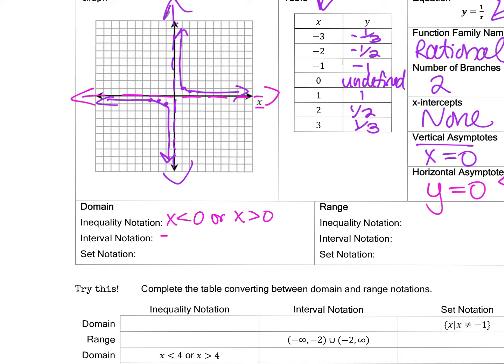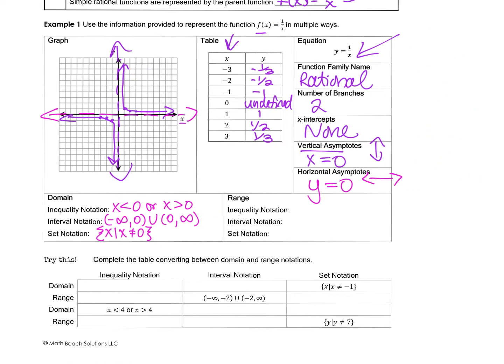For interval notation, you can go from -infinity to 0, but it won't include 0, and then union, remember, is like an OR statement, from 0 to positive infinity. Again, it's not including those zeros because I don't have brackets there. For set notation, if you remember, you use your curly brackets. You have the set of all x's, so you have just a straight line. It's all real numbers except 0, so you would just write x cannot equal 0, because there's no way of listing all of those out except 0. So there's your domain for this one.